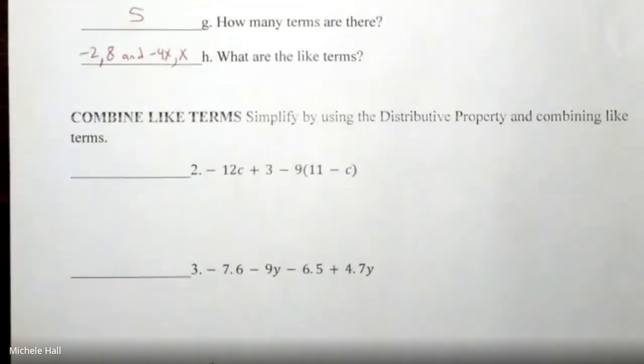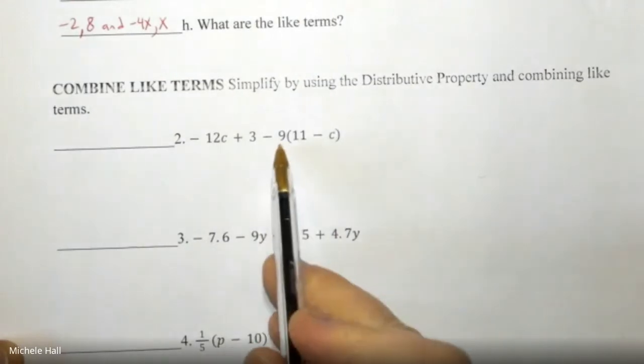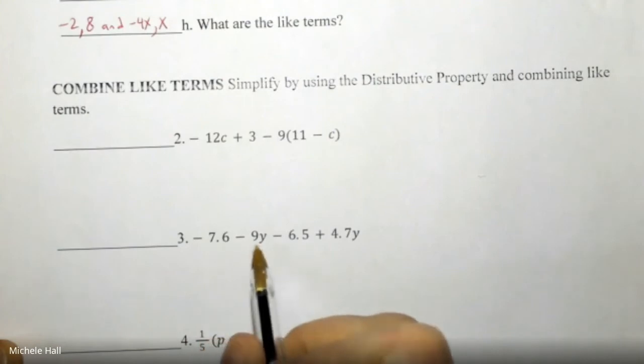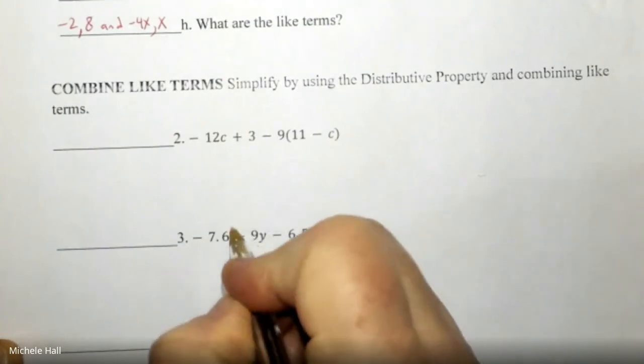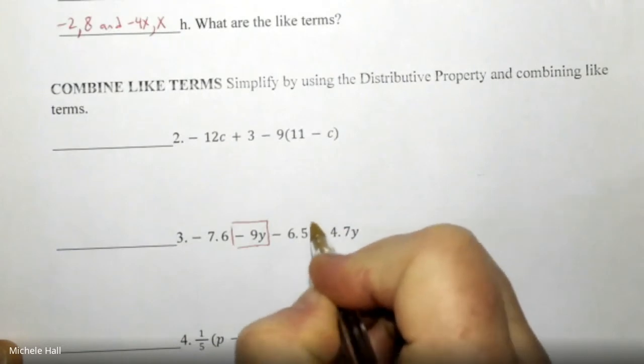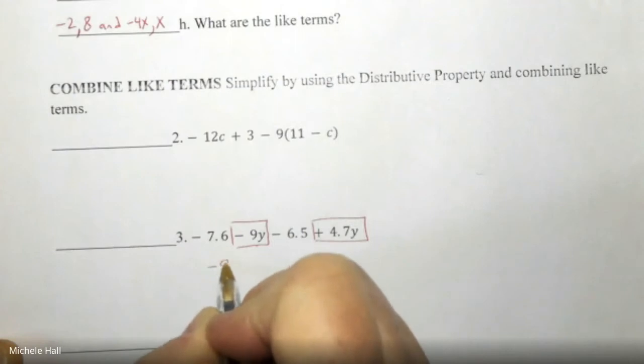We're combining like terms. All right, I don't have any parentheses, so I don't need to worry about the distributive property. I have a y term here, -9y, and I have a y term here, a positive 4.7y. I'm going to put those next to each other.